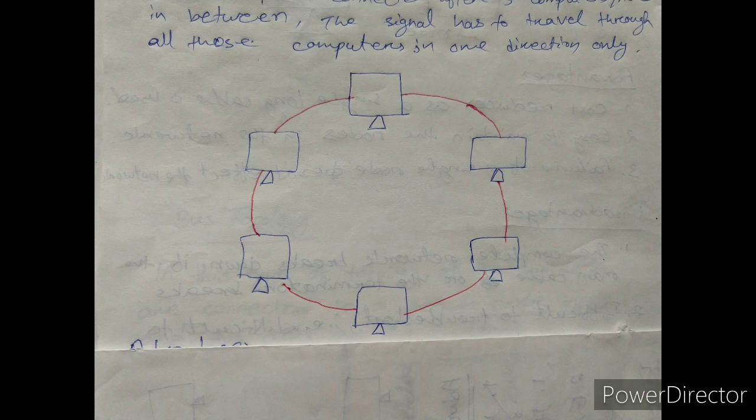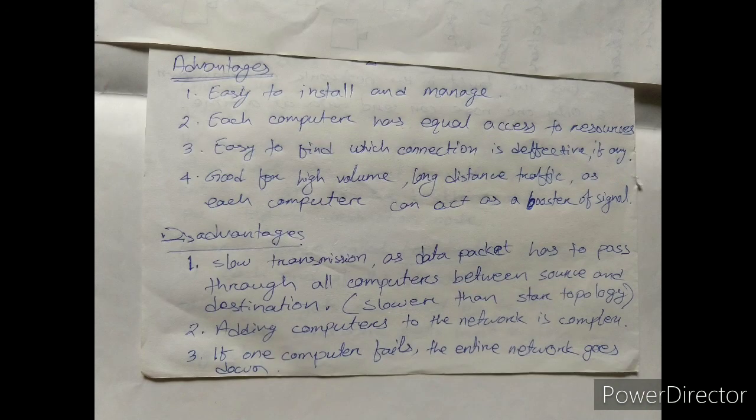Similarly, if one node has to transfer information to another node and there are multiple nodes in between, then the information has to go through each and every node in between.